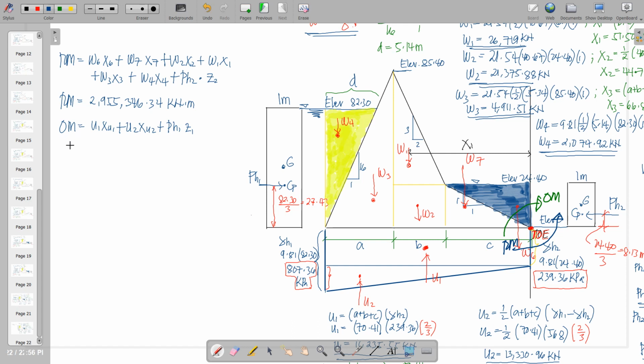If we compute that, the overturning moment is equal to 1,932,665.6 kilonewton meter.